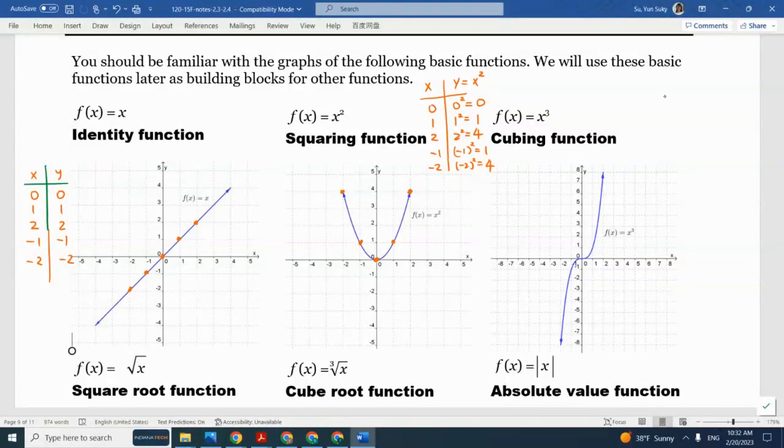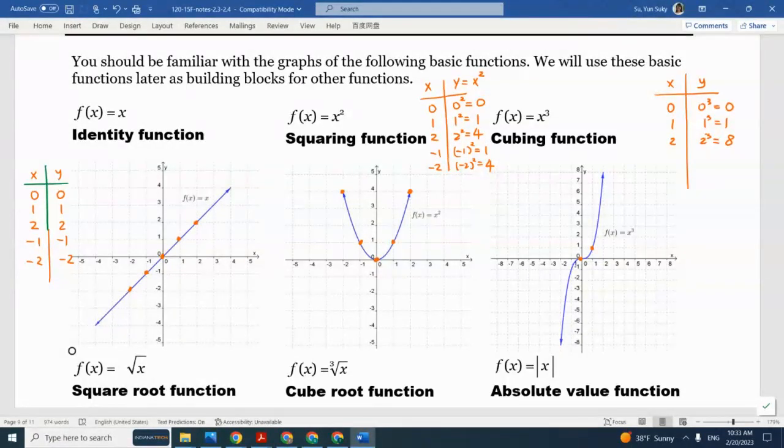How about x cubed? So x and y. Okay, 0 cubed is 0. 1 cubed is 1. So pass through 0 and pass through 1. 2 cubed is 8. Oh, so when x is 2, our y is 8.